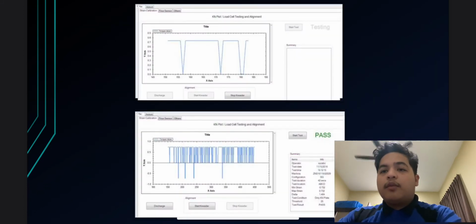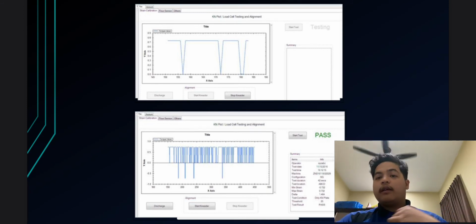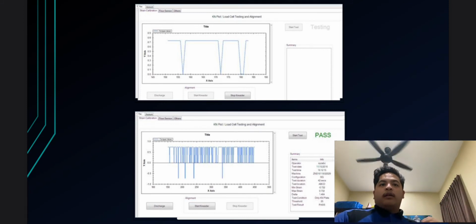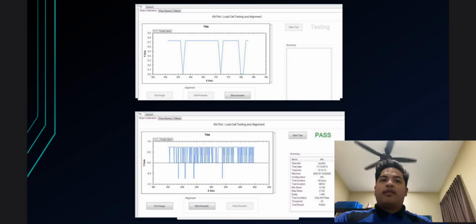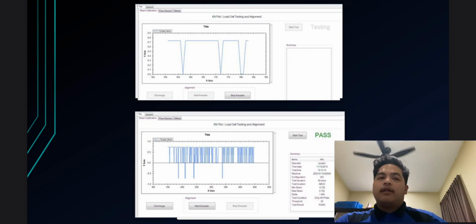So this is one or two examples of the graph when we do the testing. When we get a pass, the strain gauge can be used for the machine. Next are three example pictures of when I'm doing the strain gauge testing.